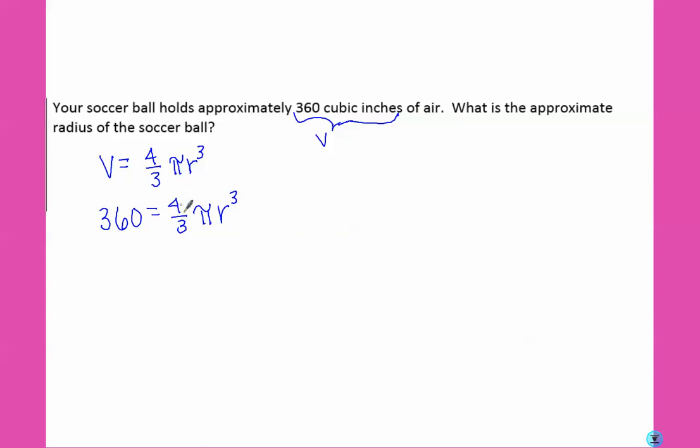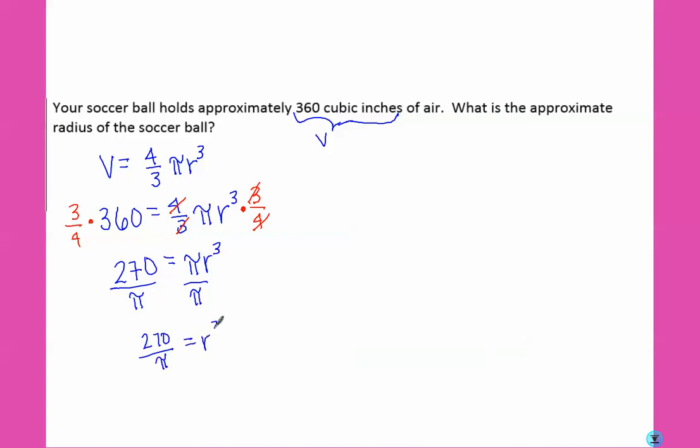To get rid of the 4/3, we would multiply by 3/4. The 3's cancel, the 4's cancel. 3/4 times 360 is 270, so 270 equals pi r cubed. We have to divide both sides by pi. We get 270 over pi is equal to r cubed.